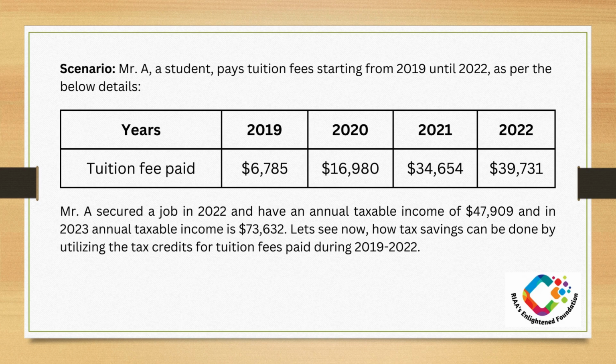And in 2022, $39,731 as tuition fees to his college. In 2022, he secured a job with an annual taxable income of $47,909. In 2023, his annual taxable income is $73,632. Now, let's explore how tax savings can be achieved by utilizing tuition fee tax credits during 2019 to 2022.